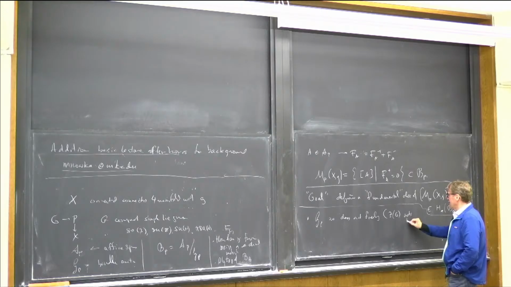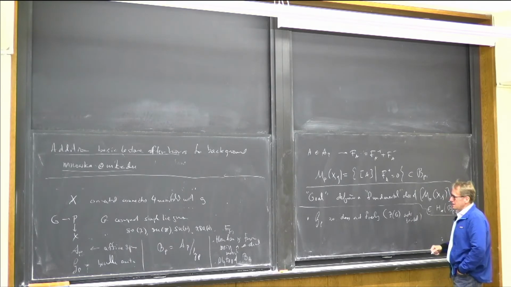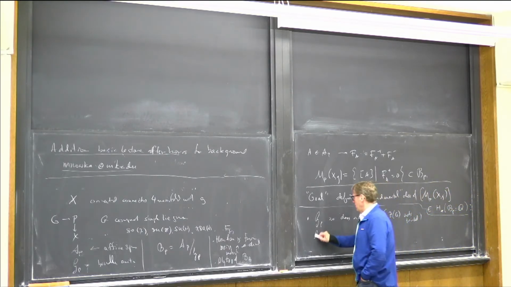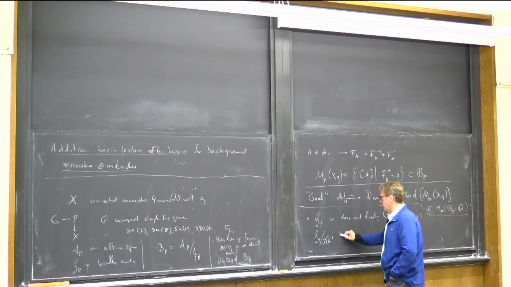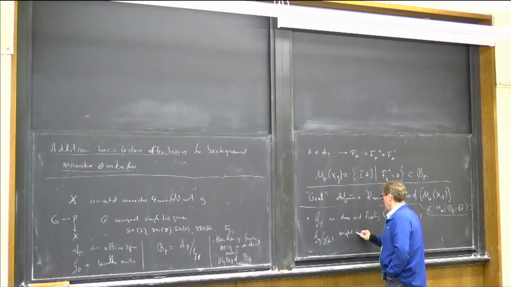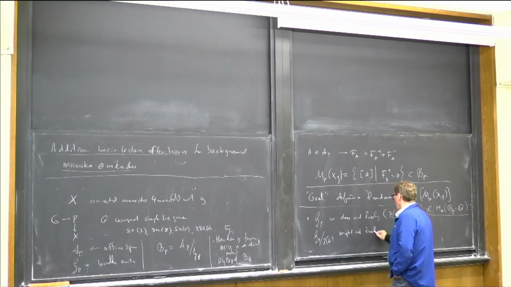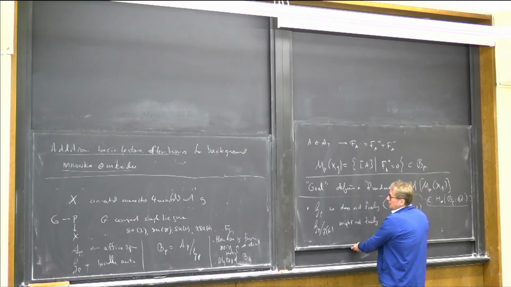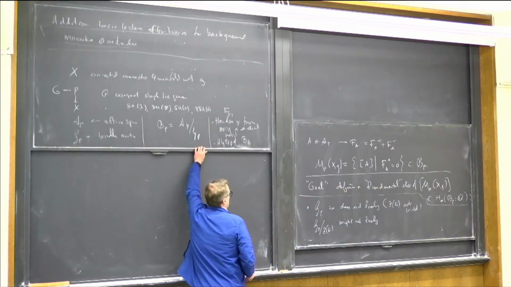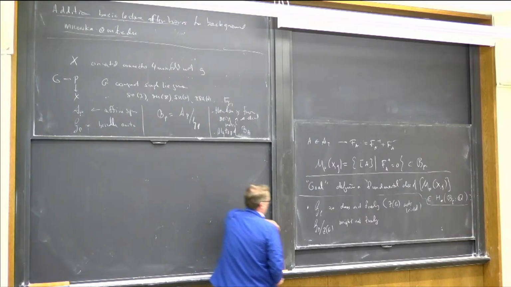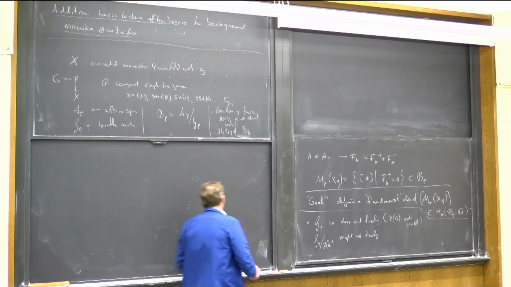So if G has a center, then of course it doesn't act freely, but that's boring. This quotient still might not act freely, and we characterize when that happens.